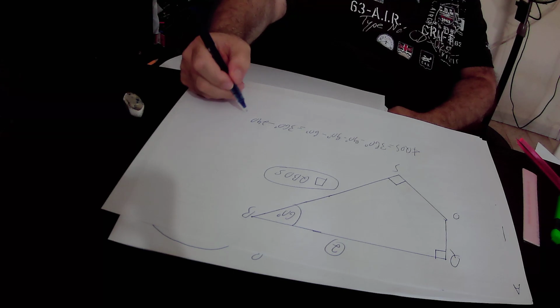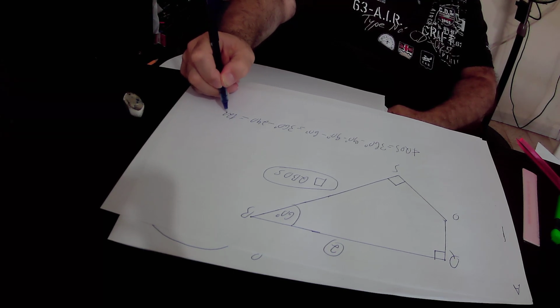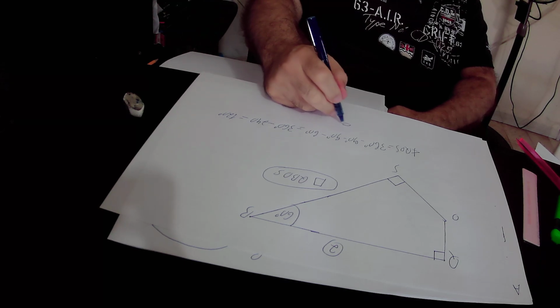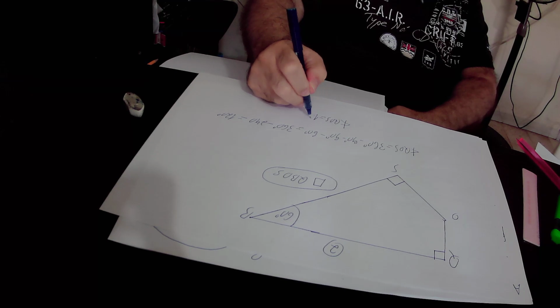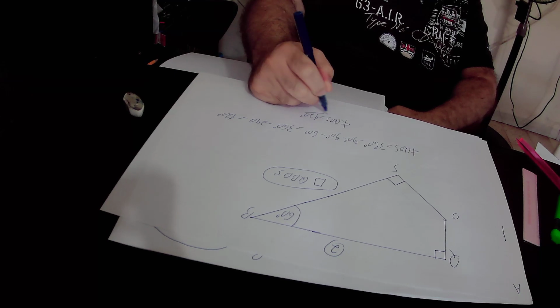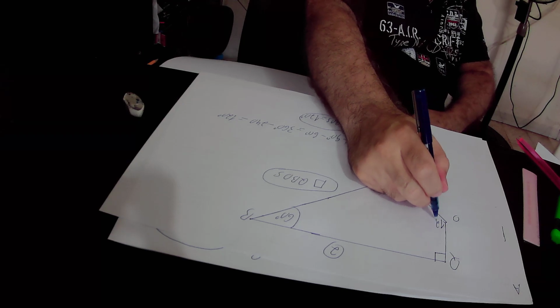And 360 degrees minus 240 degrees is equal to 120 degrees. So we found out that the missing angle QOS is equal to 120 degrees in its size. So this angle equals 120 degrees.